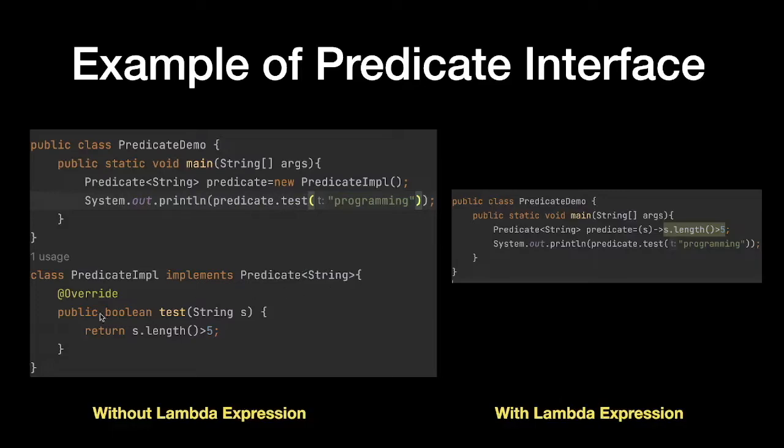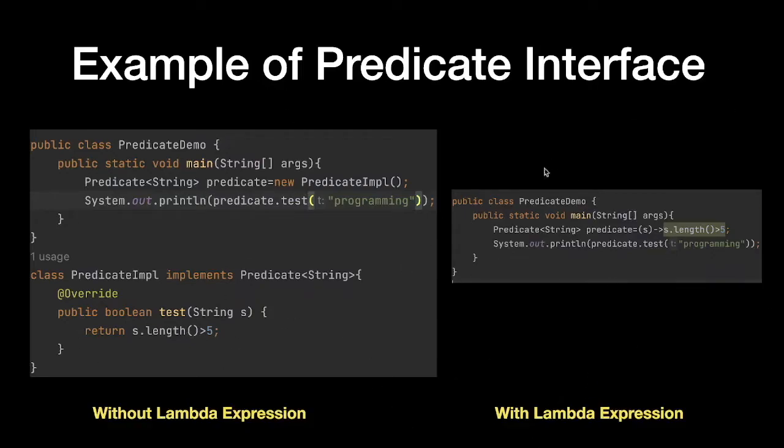In this predicate we have one method, test, and we have provided the implementation of the test. We are passing a string as input, and we want to check whether the string length is greater than 5, so I have written s.length greater than 5. Then in our main method we create this predicate and call the test method, passing this string as input. This is the traditional way; next is the lambda expression way.